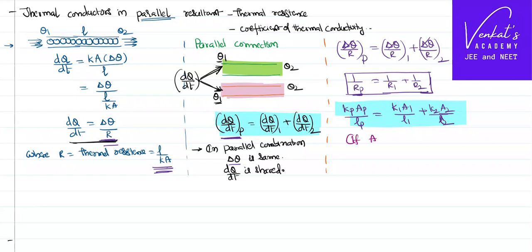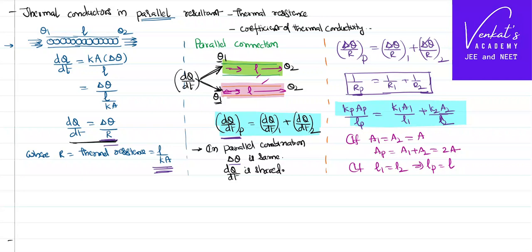If I consider two materials having the same area, A parallel means heat flows through this as well as through this, so it becomes A1 plus A2, that is 2A. And if another condition is given that L1 equals L2, then L parallel is not going to become 2L. This is one L and this is one more L, so the parallel length is also L, because they are not connected in series. In series, lengths add up and areas remain the same, whereas in parallel, areas add up and lengths remain the same.